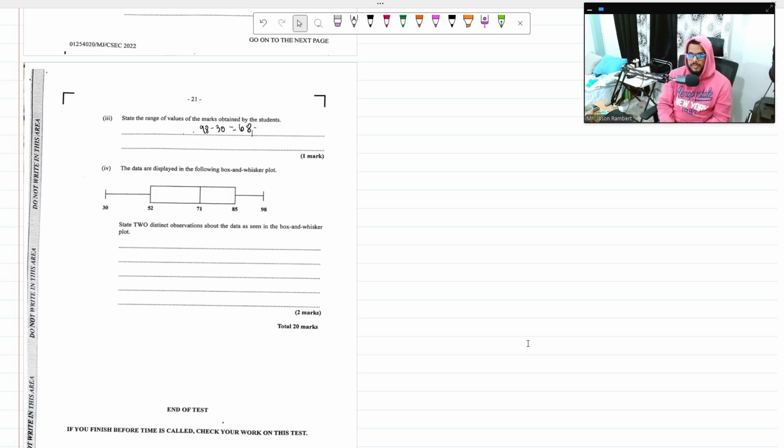Because 50% of the students scored between 30 and 71, we can say the values are more dispersed, more spread out in the first half of the data. You could also say the values are more compact in the second half. Those are just a couple of observations you can write regarding the box and whisker plots.